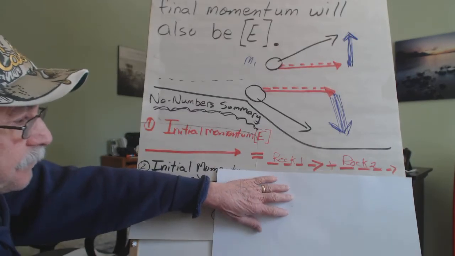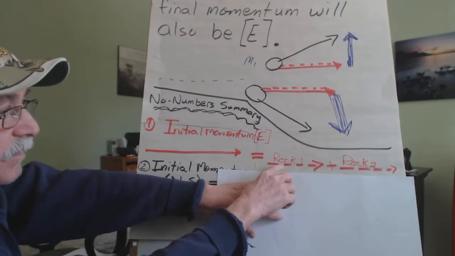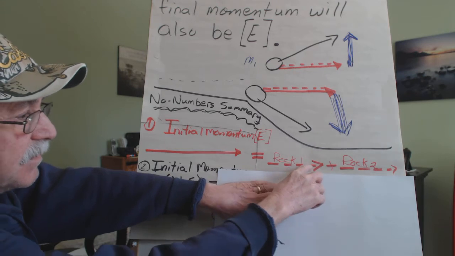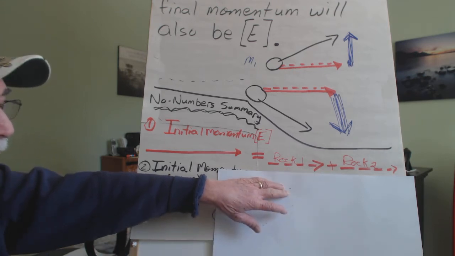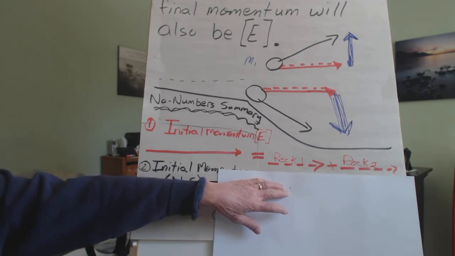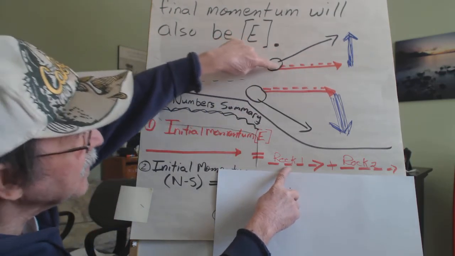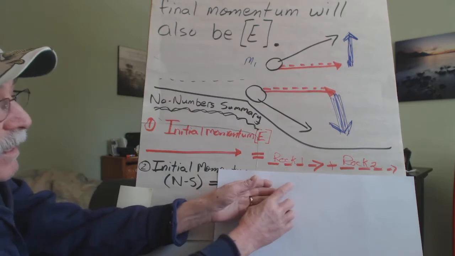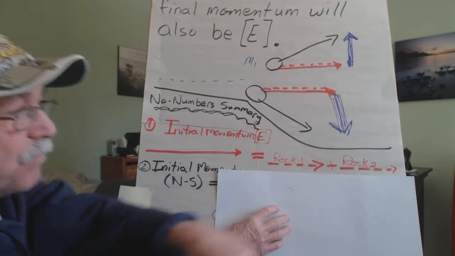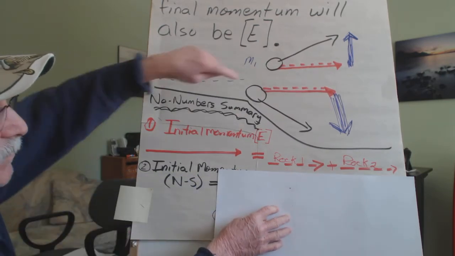Look at this. Here's the east momentum from rock 1. There's rock 1 up there. That's the east momentum, and the east momentum from rock 2. There it is right there.